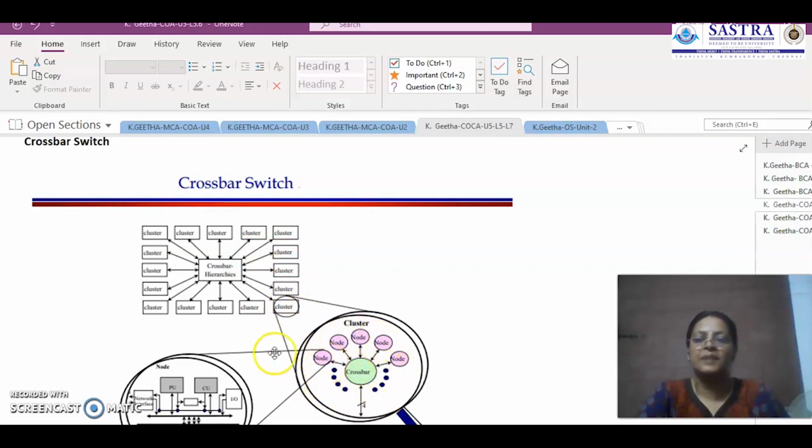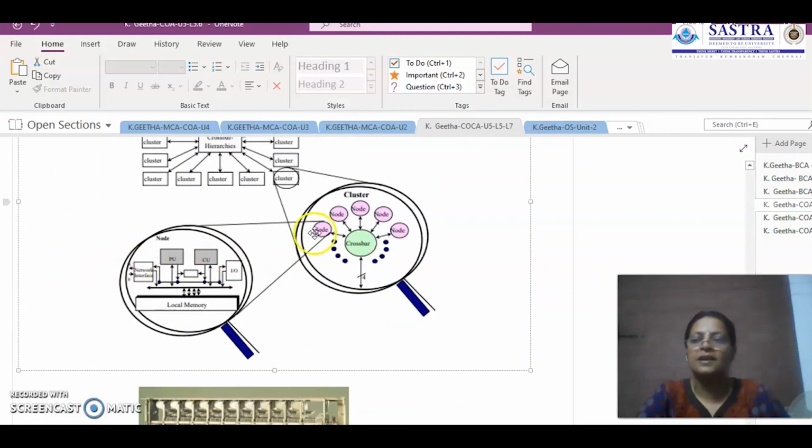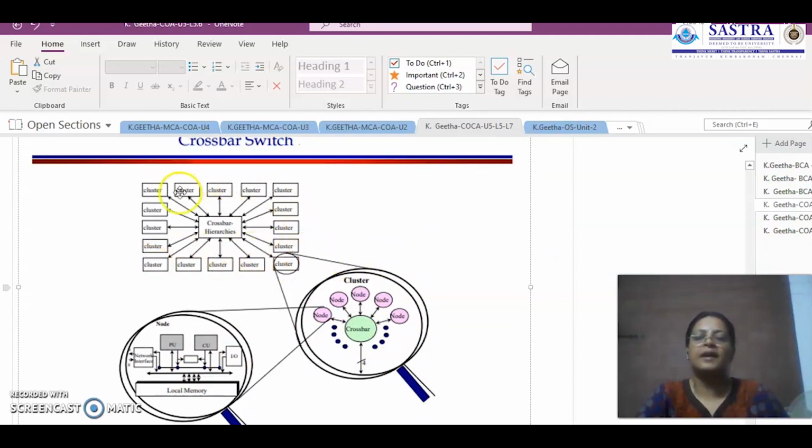And if you expand how the node will look, inside each node we will have a local memory and the processing element, which is otherwise known as the control unit, the processing unit, and then we have the network interface card. All these things will be connected together, and they will refer to the local memory. And this node will be connected with other such nodes to form a cluster, and all these clusters will again be connected together with the help of this crossbar hierarchy.